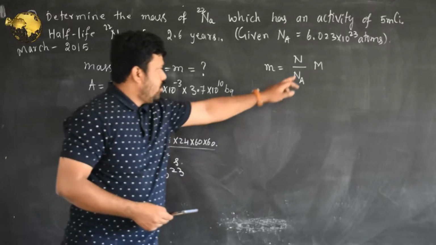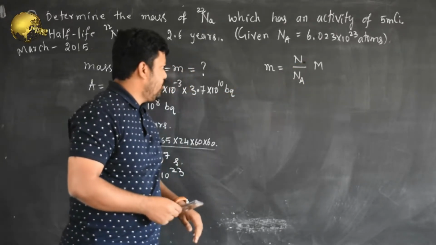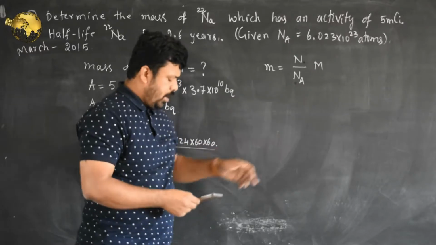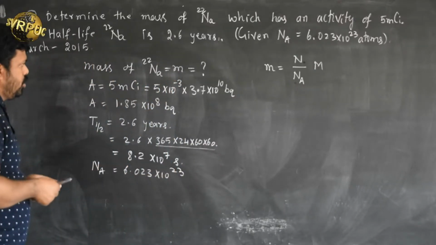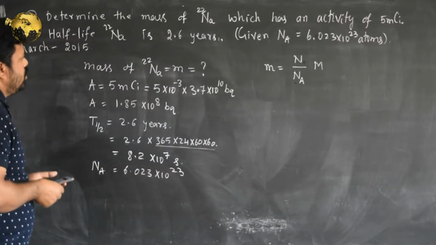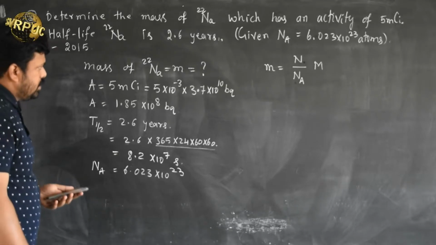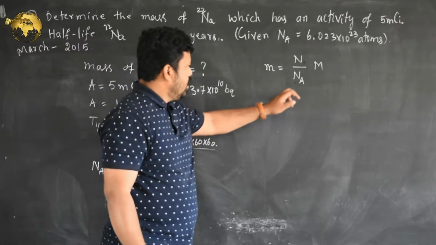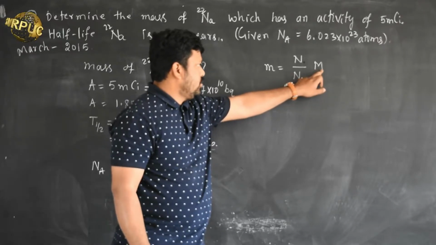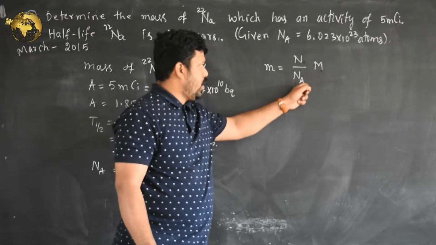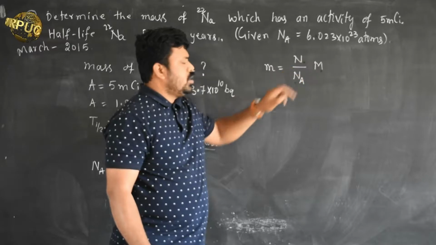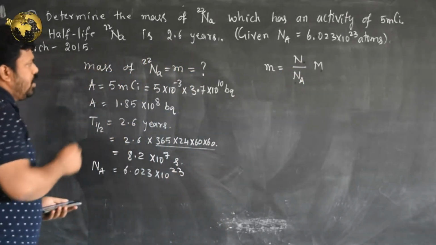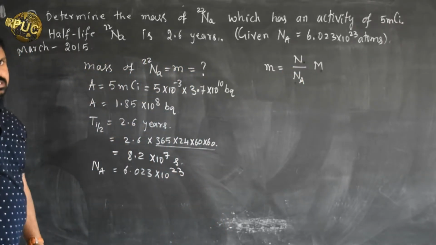If you look at this formula, we have Na and this is going to be 22. So we have these two values, but we don't have the number of atoms. So we need to calculate the number of atoms first.